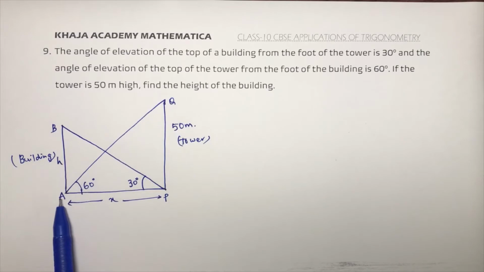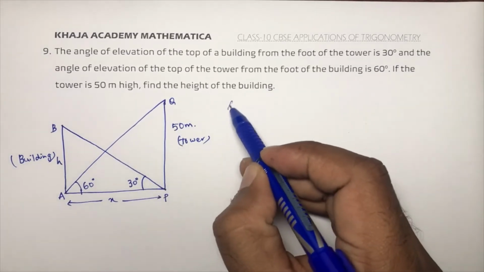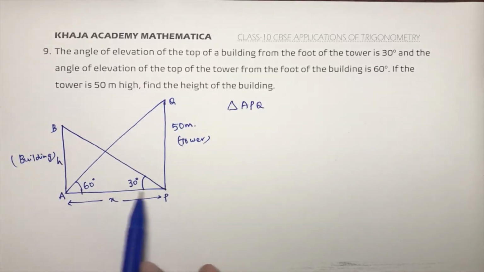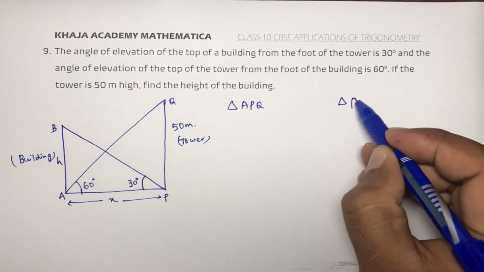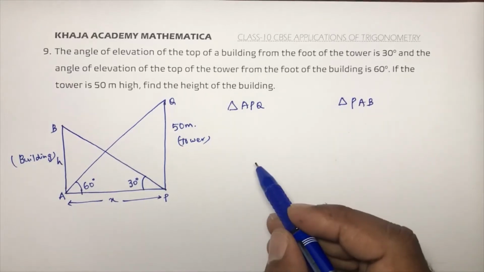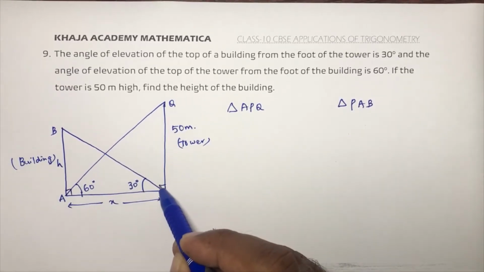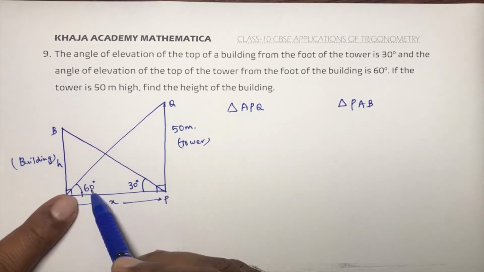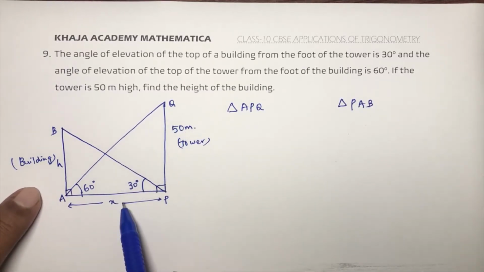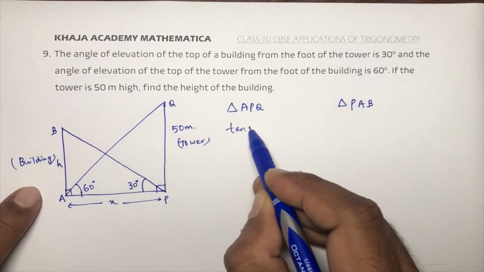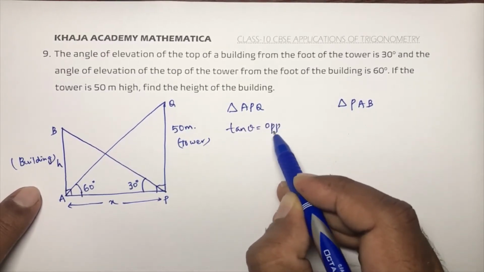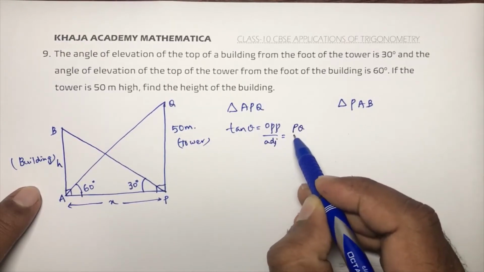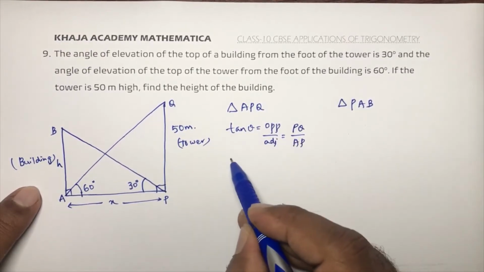Okay, first take triangle APQ, and then take triangle PAB. Here it will be 90 degrees. So in APQ, theta is 60 degrees, opposite is 50, adjacent is X. So tan theta is opposite by adjacent, opposite is PQ, adjacent is AP.